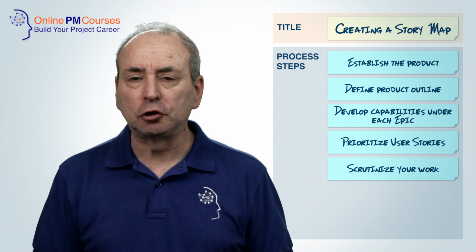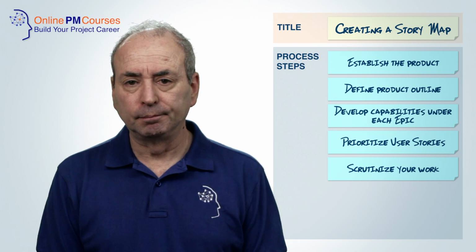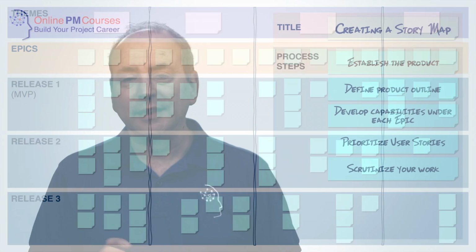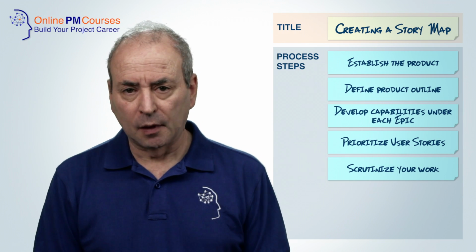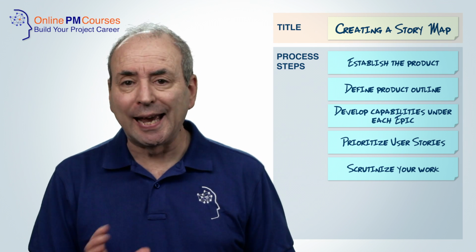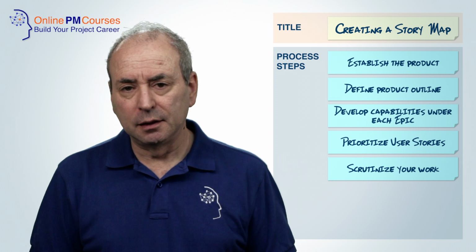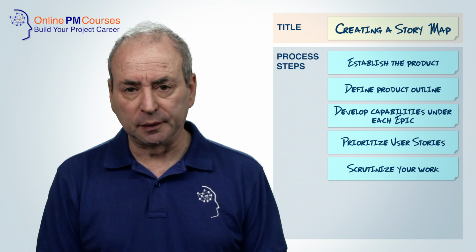Step 5 is to scrutinize your work. Now you have a good visualization of the whole product development process, it's time to look at it with care to identify things like dependencies, bottlenecks, gaps, overlaps, missing information, and alternative options.